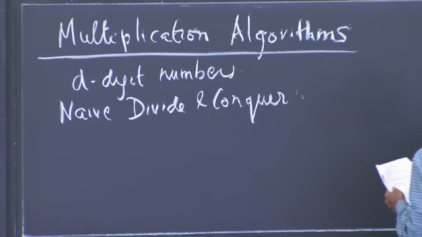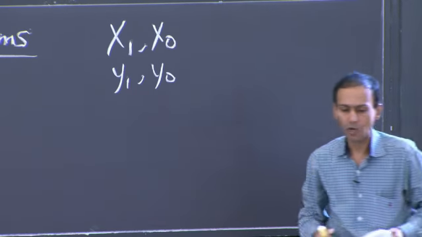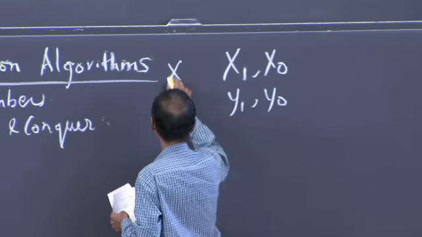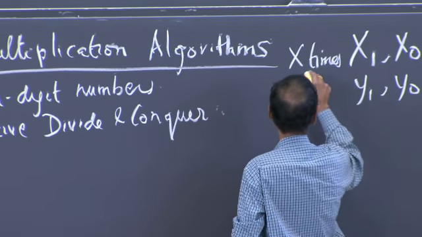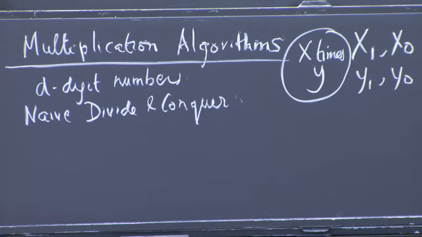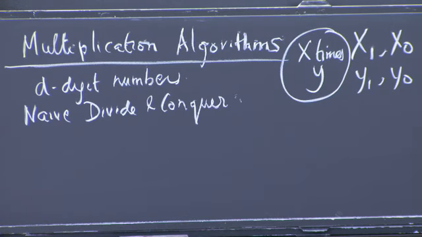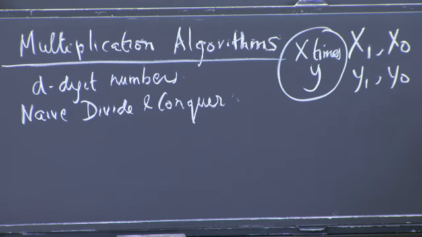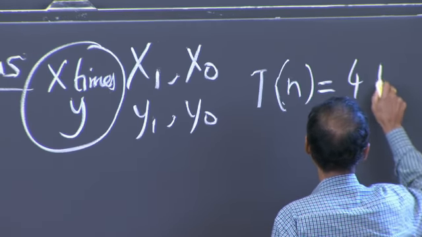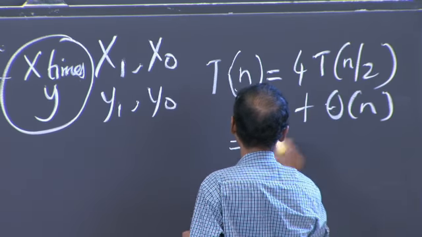So you take x1, x0, y1, y0, where x1 is the most significant half of x. You're trying to multiply x times y. And same thing for y1 and y0. So each of these will have d by 2 digits of precision. And if you implement the naive algorithm, that looks like T(n) equals 4T(n/2) plus theta(n), you end up with theta(n squared) complexity.